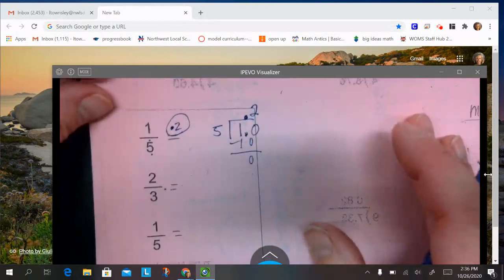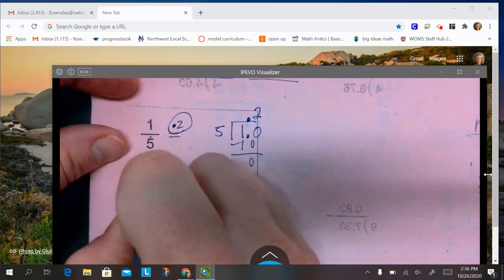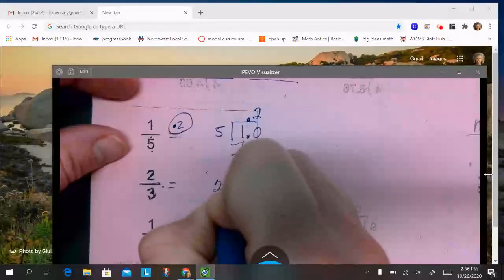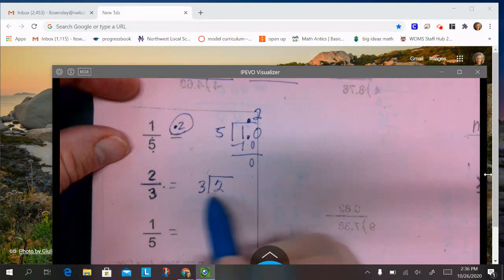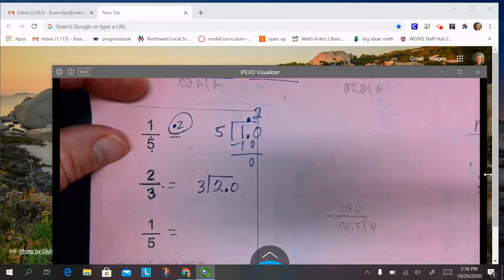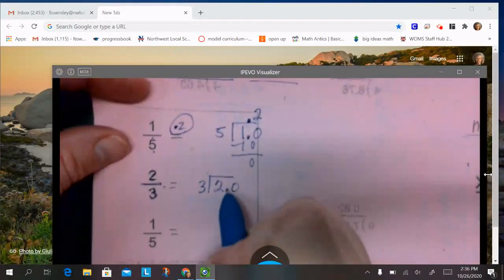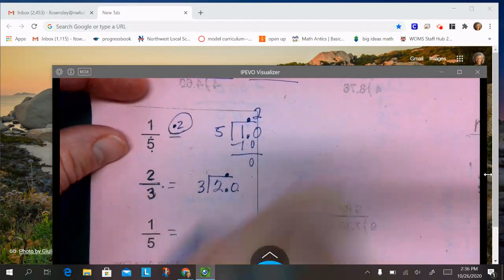Okay, look at the next one. 2 divided by 3. And right away, this is going to be a problem, but that's okay, because this can have a 0.0, because that doesn't change the number, okay? So just bring your decimal up.